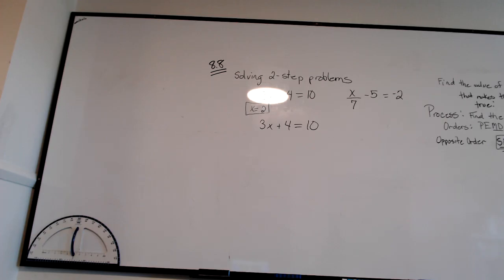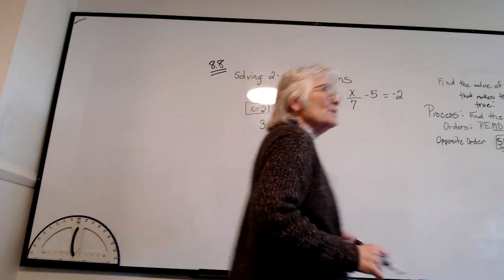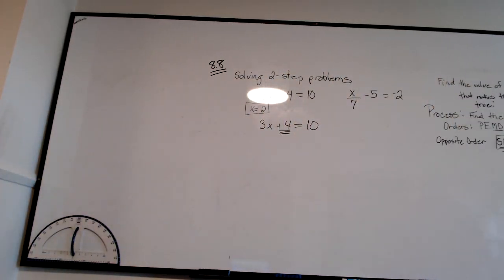What's been added in this equation? What has been added to x that we're trying to undo? It's not 3 plus 4, it's just 4. The only thing that's been added to x is 4. We look for what's been added first.